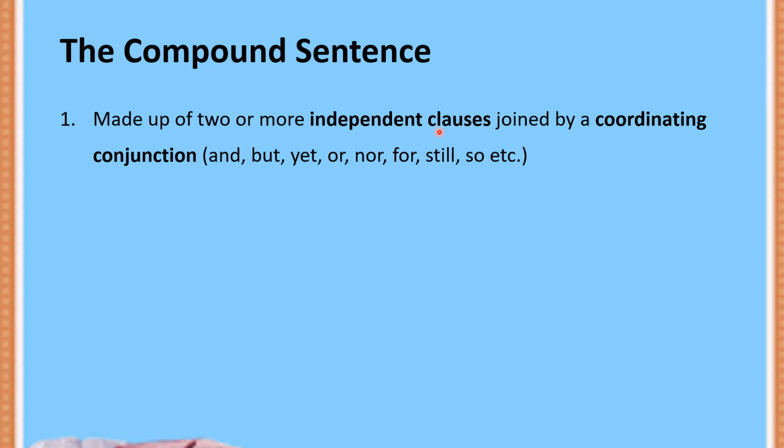So coming back to the topic, I was telling you about the compound sentences. They are made up of two or more independent clauses and they are linked together or joined by the kinds of conjunctions which are known as the coordinating conjunction. And following are the coordinating conjunctions: and, but, yet, or, nor, for, still, and so.